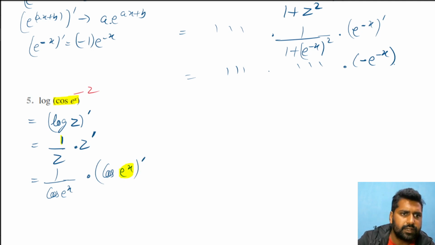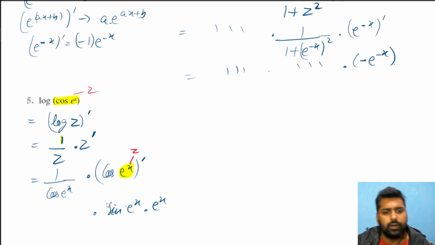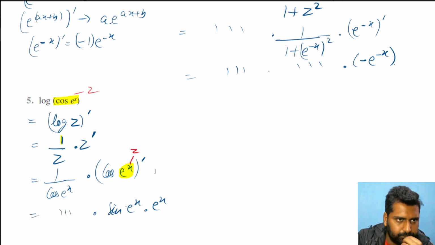Whatever is present inside, consider that to be our new z. So what is the differentiation of cos z? Sin z means sin e raised to power x, and differentiation of z dash. Additionally z dash means e raised to power x. All right, done.